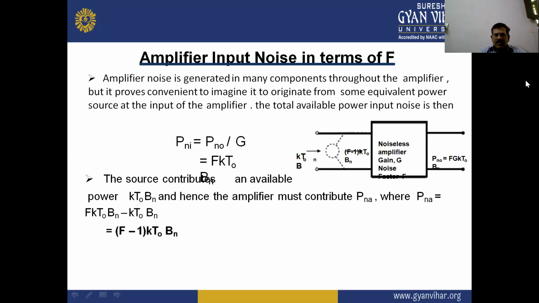The total available input noise power is then Pni equal to Pno upon G, equal to F k T0 Bn, whereas the source power is k T0 Bn, and hence the amplifier must contribute Pna, where Pna equal to F k T0 Bn minus k T0 Bn, so equal to (F minus 1) k T0 Bn. So this is the input noise in terms of the noise figure F.